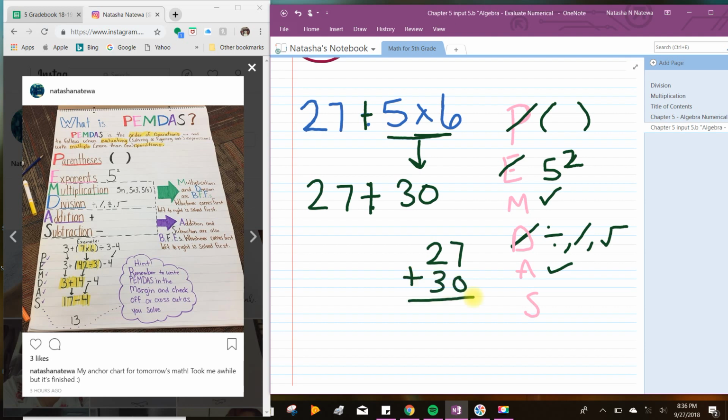Remember, if it's 7 times 0, it's 0. But 7 plus 0 is 7. Plus 2 plus 3, it is 5. The answer is 57. Did you get it correct? If you did, good.